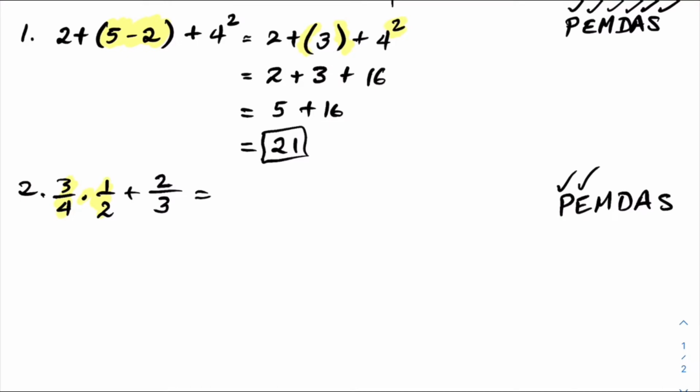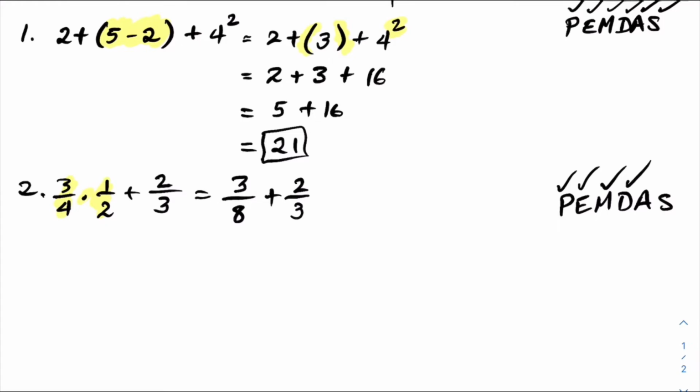In multiplication, you just multiply the numerator by the numerator. So that's 3 times 1 is 3, over the denominator, 4 times 2, which is 8, plus 2/3. So multiplication is done. There is no division.